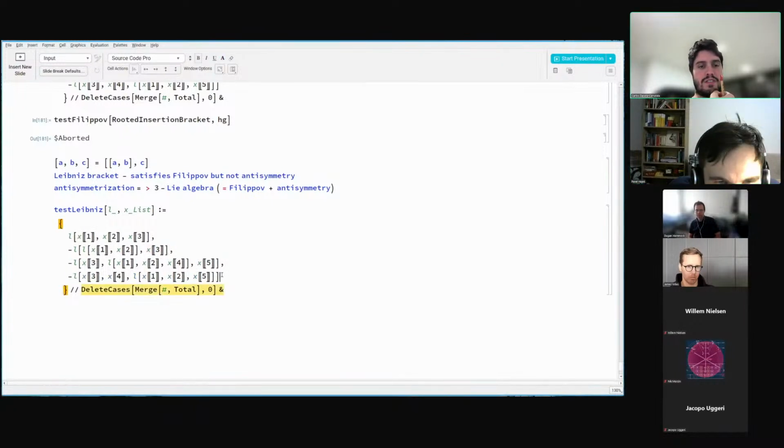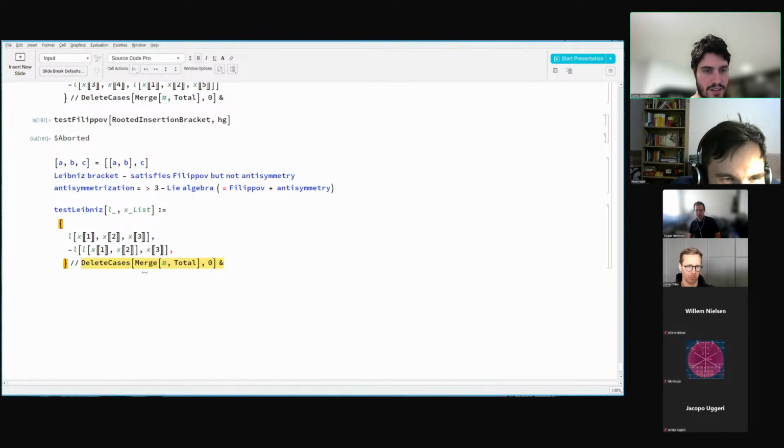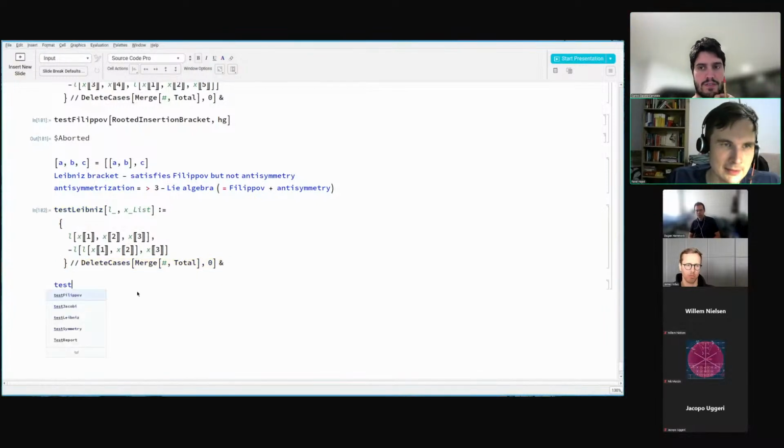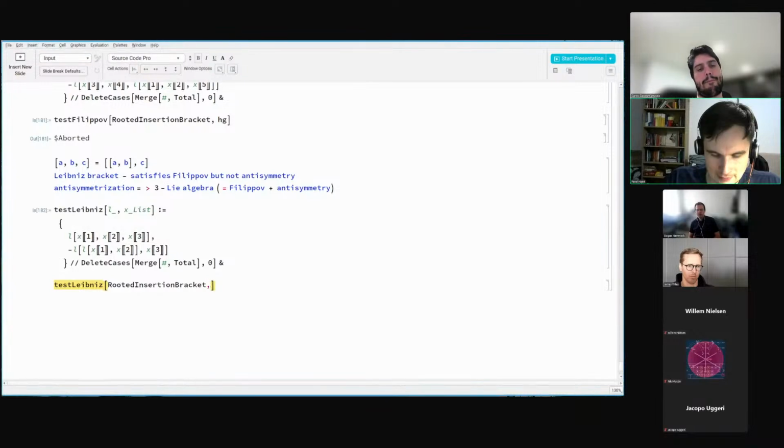It's going to know what to do, right? Because it's going to know when it's taking 2 arguments or 3 arguments. Yes. Okay. And now I do test Leibniz, and I put this rooted.